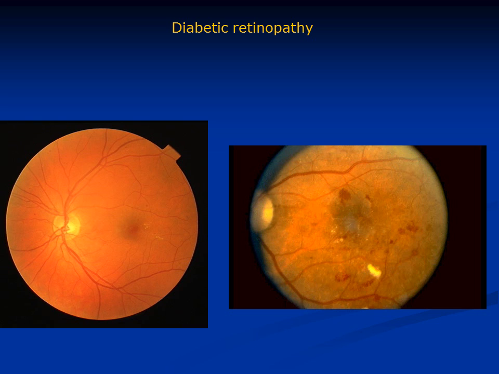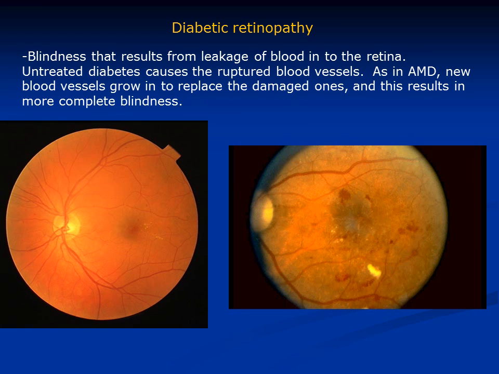They break apart, they leak into the retina. Diabetic retinopathy in some ways is like macular degeneration because it results from a lack of nourishment, and the body will in fact grow in new vessels, and that tears up the retina as I've described earlier.